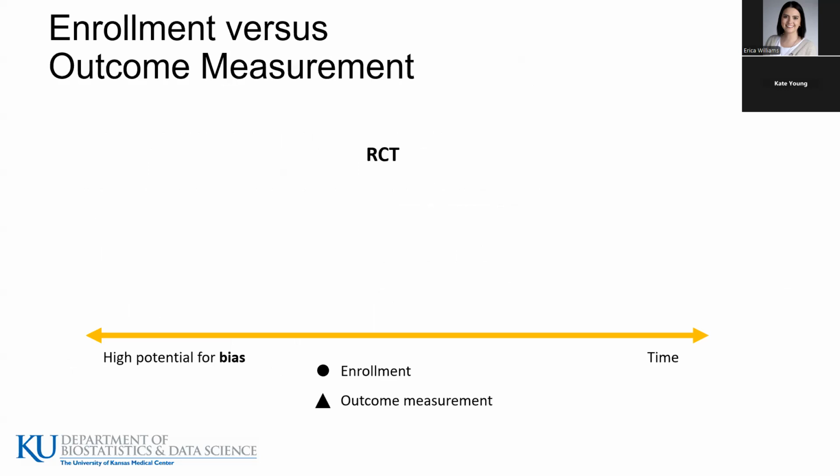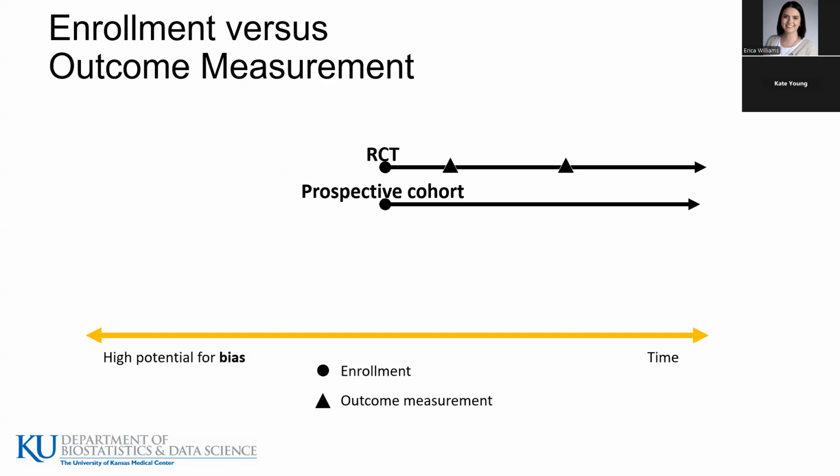So I wanted to show this visually. So in a randomized controlled trial, we would enroll patients. So this enrollment is represented by a circle, and then our outcome measurements are represented by a triangle. So in a randomized controlled trial, we would enroll patients, and then we would take their outcome measurements.